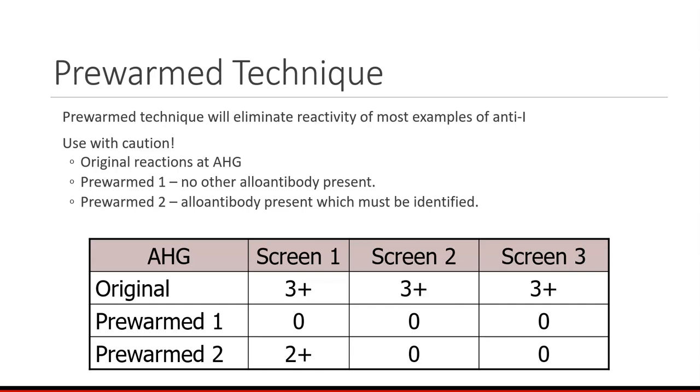So again, the original, it was all positive, pre-warm 1. This is another piece of information that proves this was an anti-Big I. And then on the third line with pre-warm number 2, this shows that we got rid of the reactivity of anti-Big I, but there's an alloantibody underneath this autoantibody.